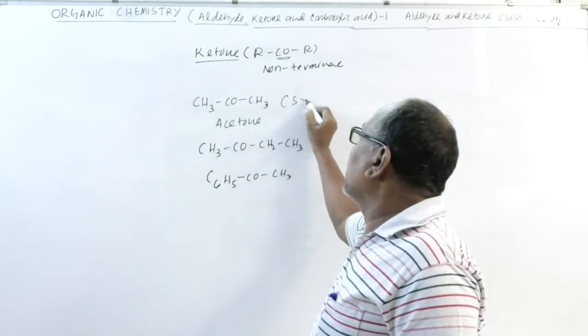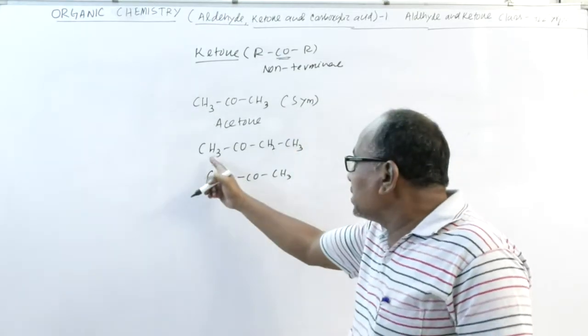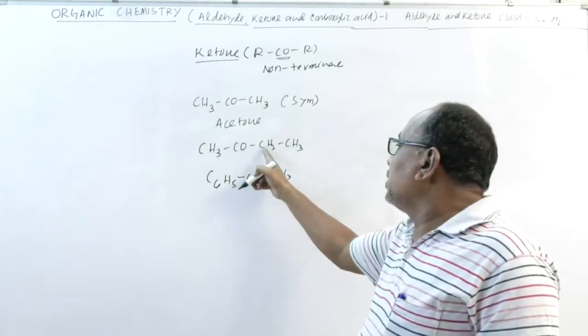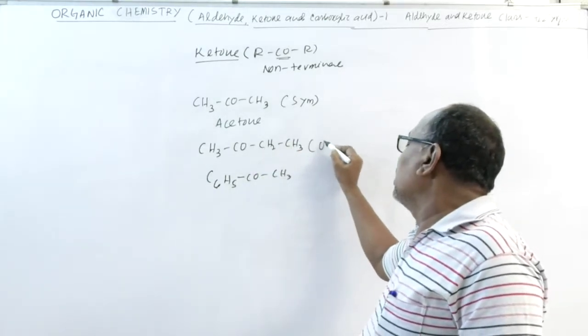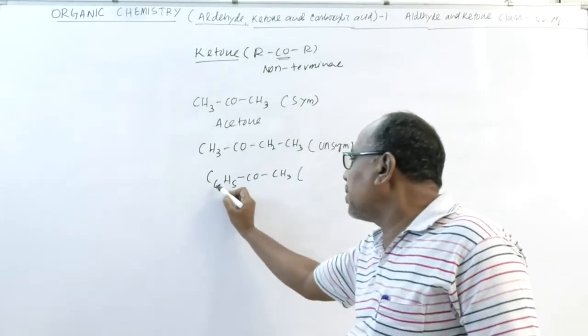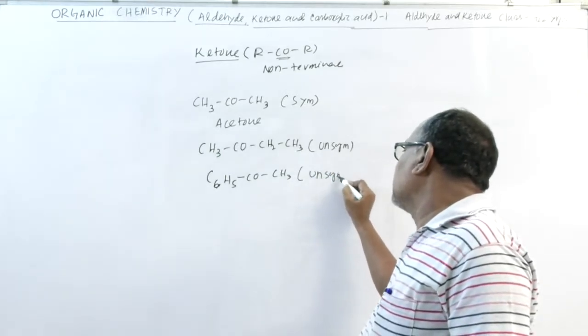So this is one example of a symmetrical ketone. But in this case, CH3 on this side and C2H5 on the other, this is called unsymmetrical. And this is C6H5 on this side and CH3, this is also unsymmetrical.